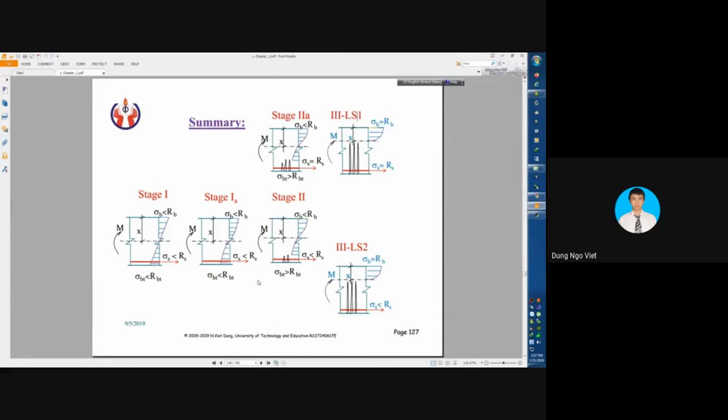However, if we arrange reinforcement much, it goes to the second branch and directly to stage 3 limited stage 2. So be careful when we calculate and arrange the reinforcement here.